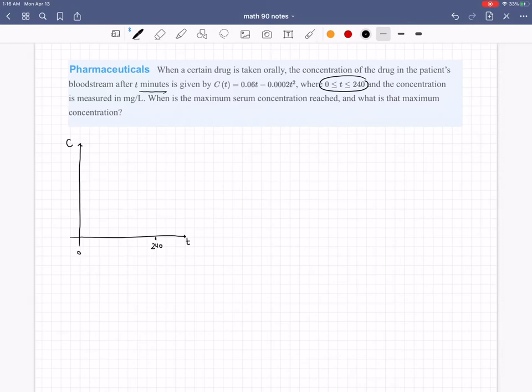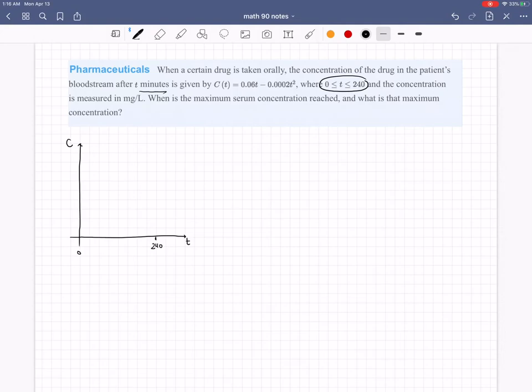Different organs metabolize different substances. So it might be your liver, it might be your pancreas, whatever. And after that peak happens, the concentration of the drug in the system starts to go down until eventually your kidneys go to work and you're able to expel it from your body, right?